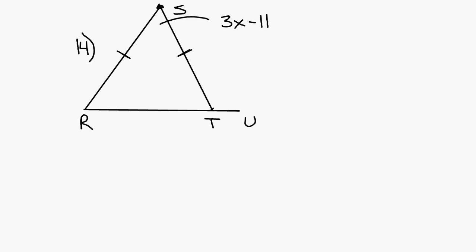S down to T and out to U is equal to 8x. Got it? Here's the tricky part. If these two sides are the same, then these two angles are the same. All right? In this case, you have to call these angles Y. You got to call them a different letter.